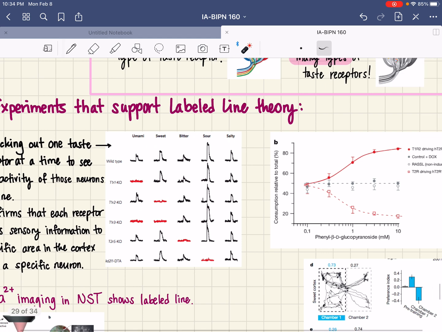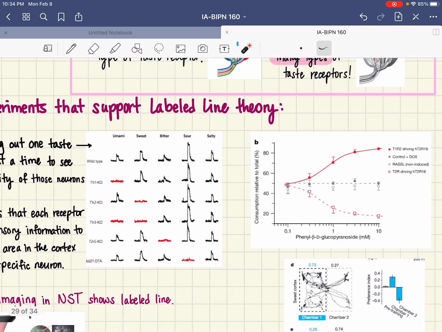The next experiment that was done is depicted over here. Here what they did is they took a receptor that usually does not come up in the mouse tongue. So the mice usually don't have this receptor, and they expressed this receptor.